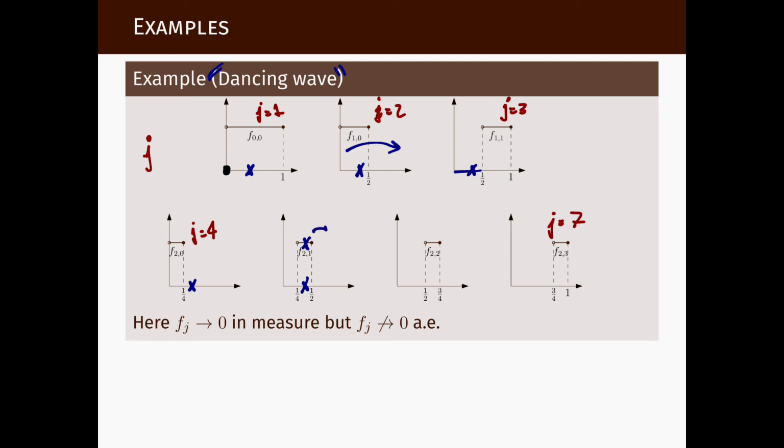And now after the wave has passed, we're 0 again. And if we go one more level, it will be 0, 0, 0, but then it will be 1 again, then 0, 0, 0, 0. So it will be 1 again and again and again, even if it's getting less and less frequent. So this f_j of omega will be equal to 1 infinitely many times.